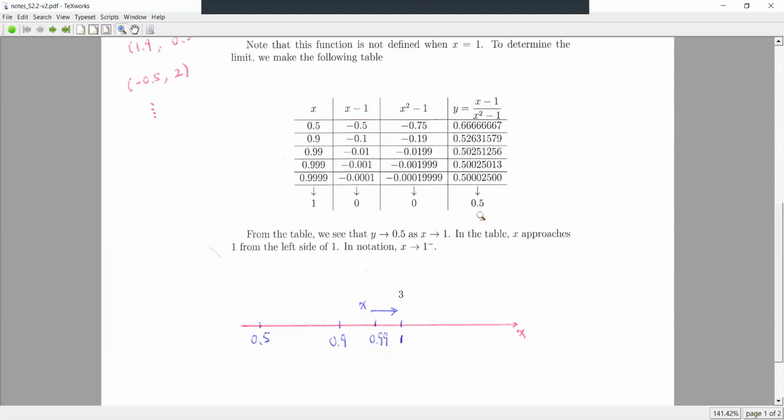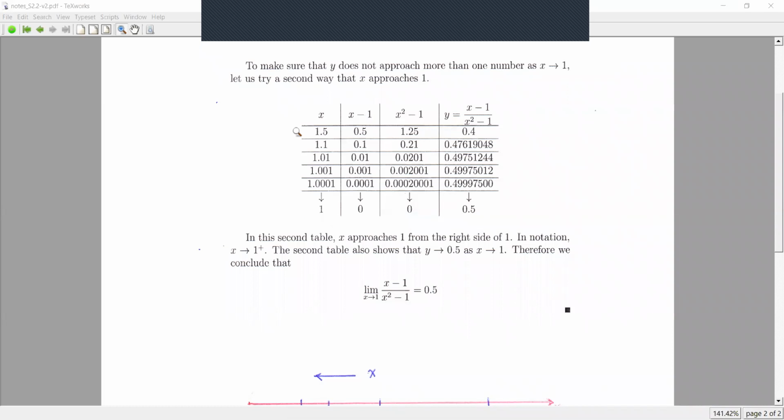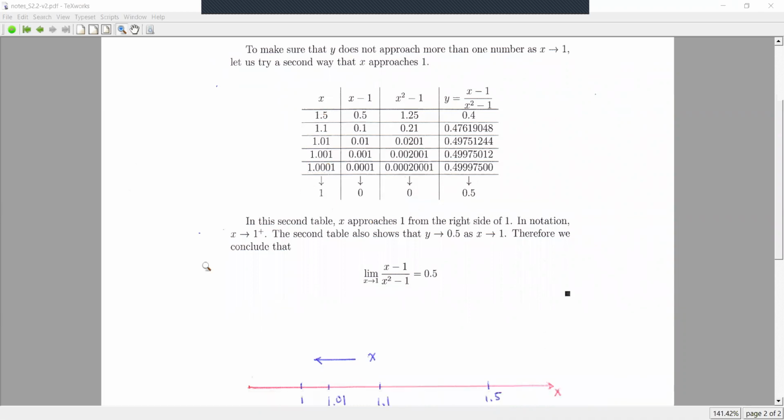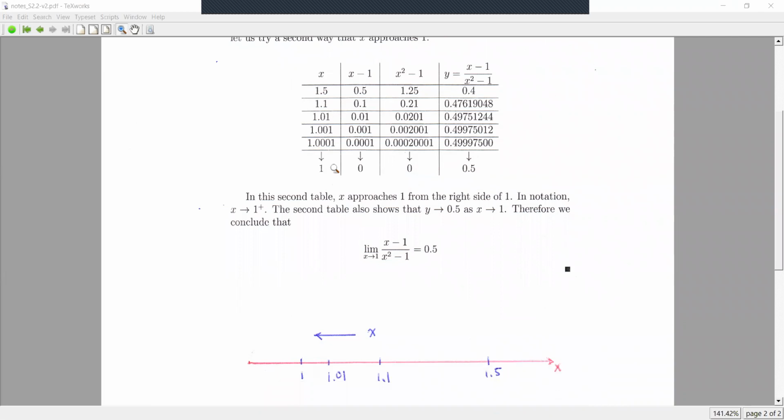In the following, I make a second table. In this table, I let x approach 1 from the right side. In this table, I let x approach 1 by taking these points. If you plot these points on the number line, then you will see all the points are on the right-hand side of the point 1. 1.5 is on the right side, 1.1 is on the right side of point 1, 1.01 is on the right side.